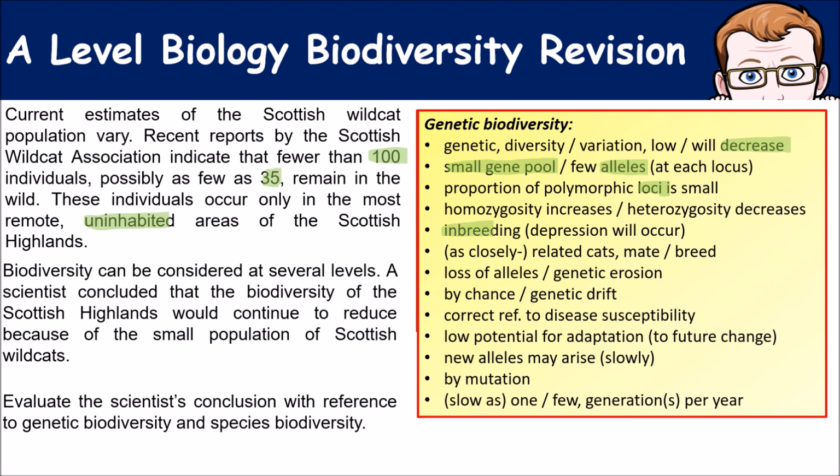That will be due to inbreeding, and inbreeding will also cause other problems, because related, or closely related, cats will breed together. So you could have loss of alleles. There's a chance that you could lower genetic diversity by genetic drift, etc., which might make them more susceptible to different diseases. So you're lowering the potential for adaptations to occur.